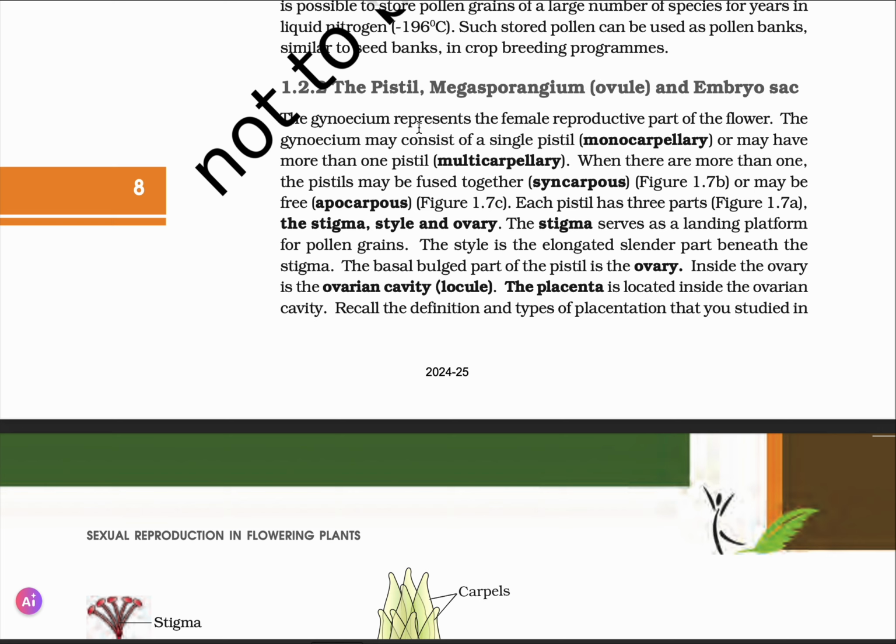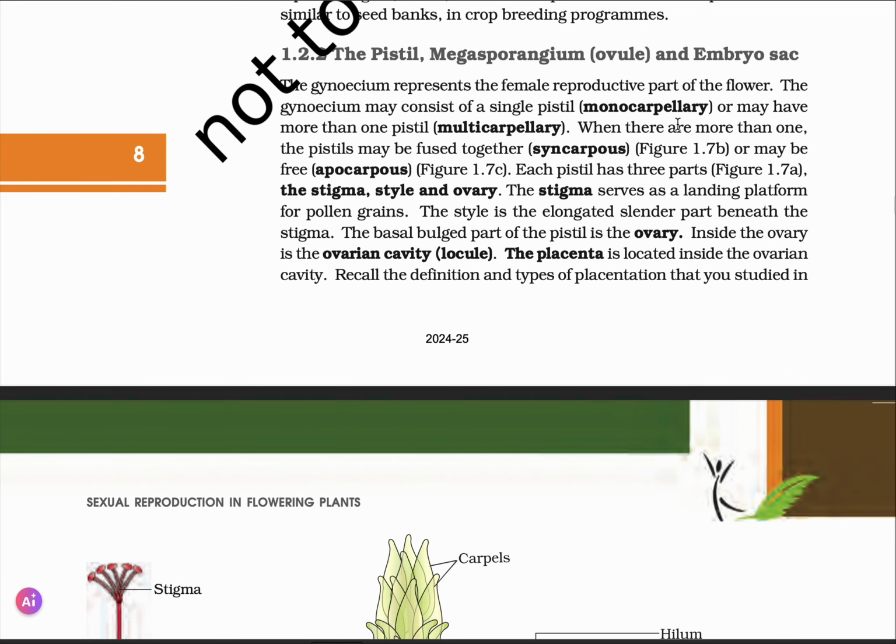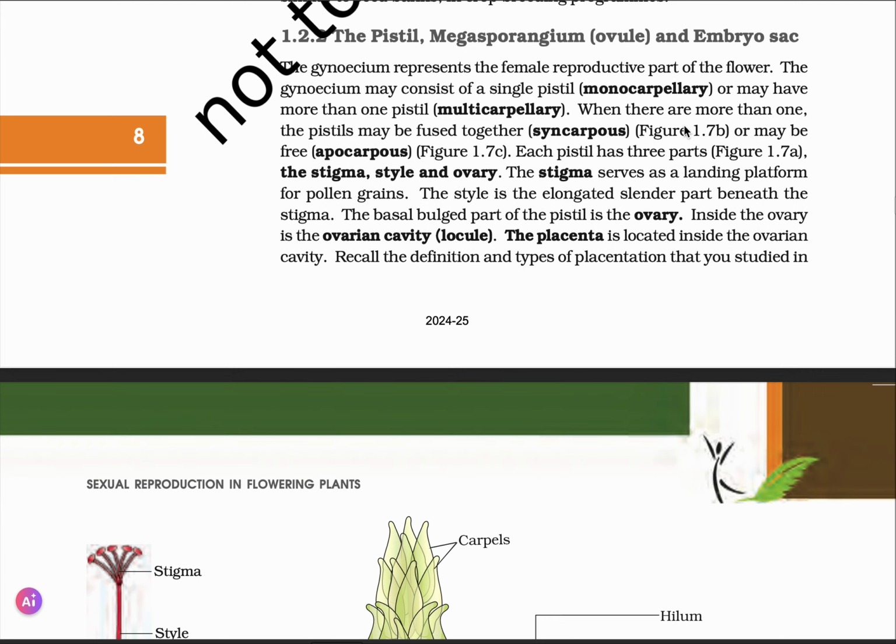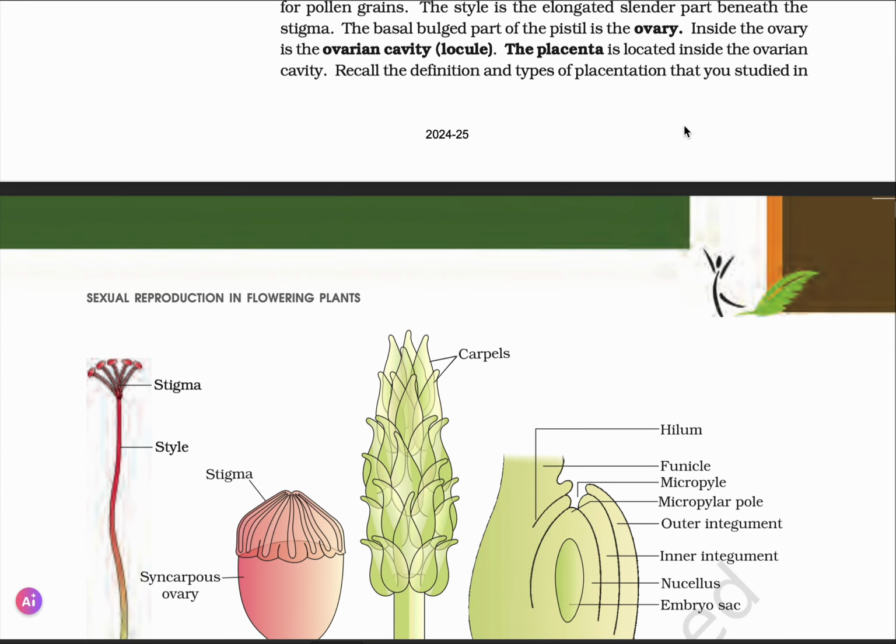Next is the pistil, megasporangium, which is the ovule, and the embryo sac. The gynoecium represents the female reproductive part of the flower. The gynoecium may consist of a single pistil, which is monocarpellary, or may consist of many pistils, which is multicarpellary. When more than one pistil are fused together, it is syncarpous, while they may be free, which is apocarpous.